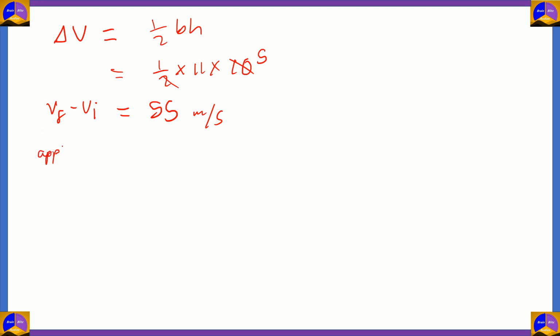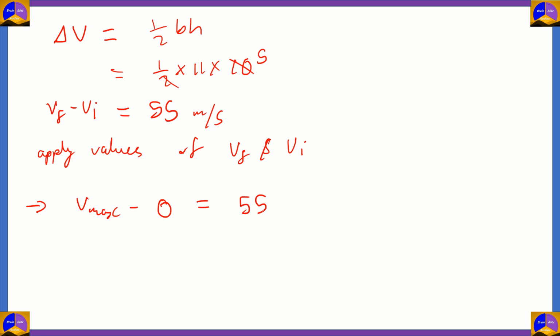Now what we do is we apply the values of V final and V initial. So it's Vmax minus the value of V initial, which is 0 because the body starts from rest. So the right hand side will still be 55 meters per second.